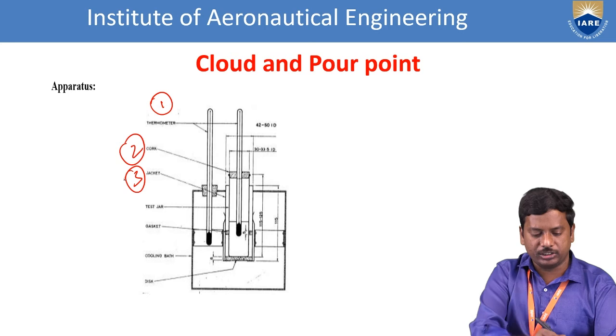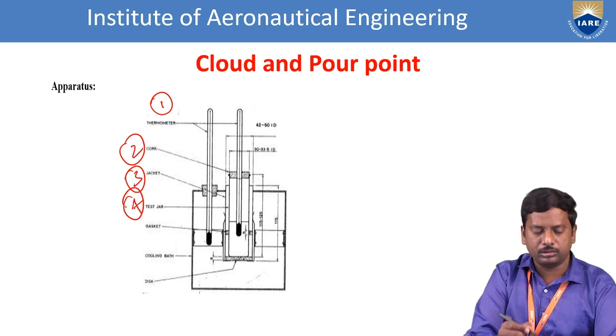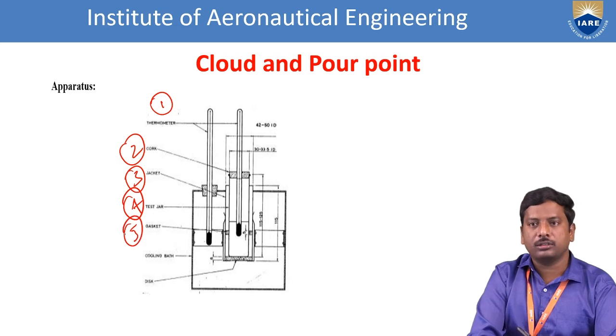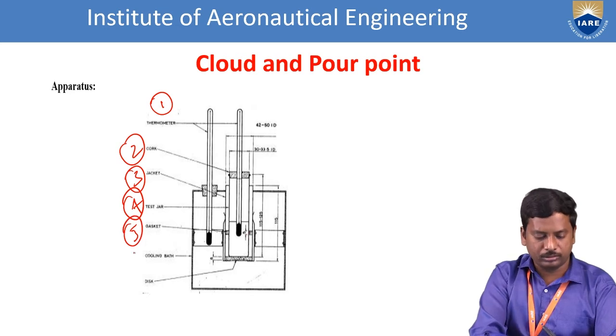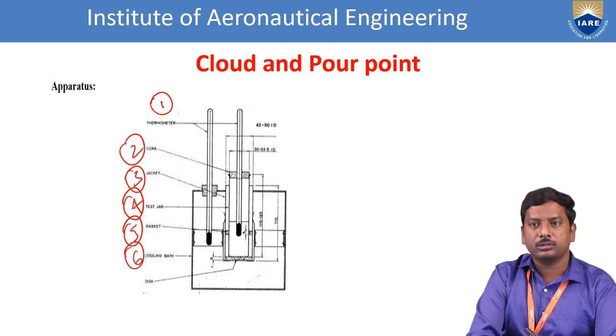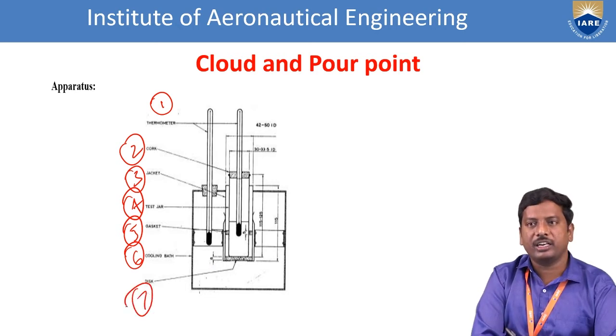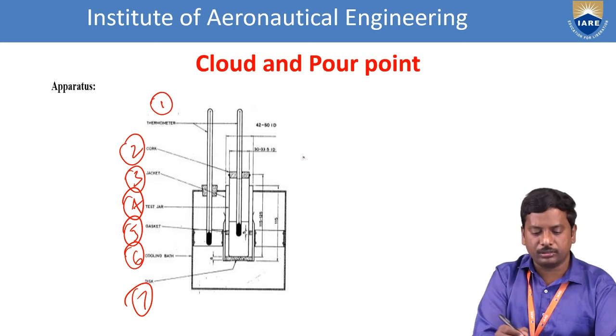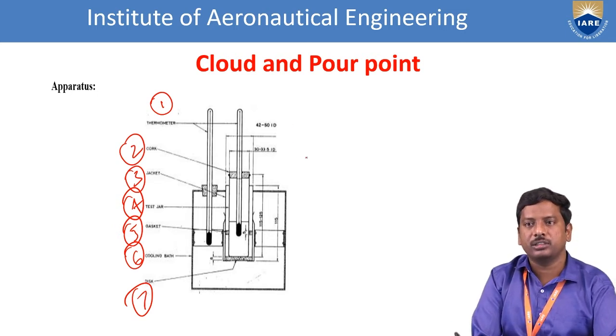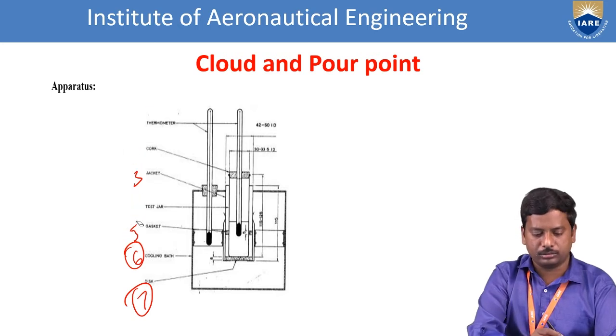After that, we see test jar, then gasket, then cooling bath, then disc, and the maintained temperature conditions. So these are the total 7 components present in the cloud and pour point apparatus.